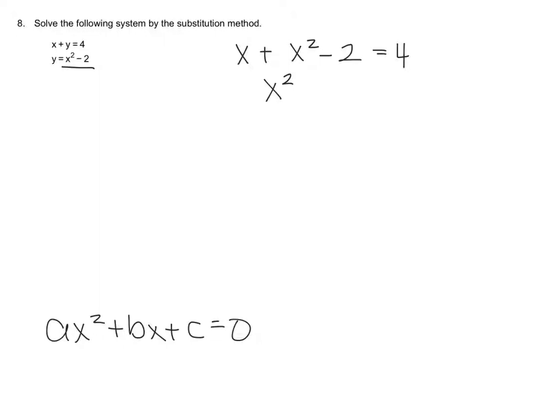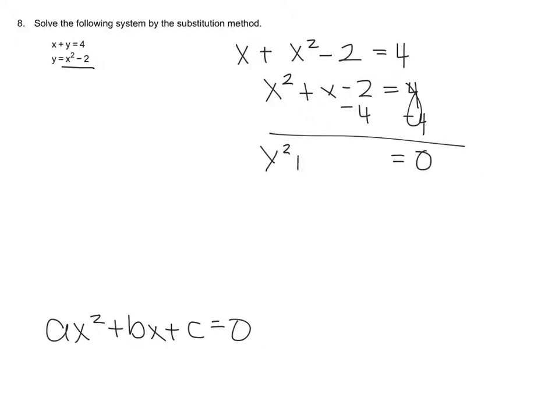So I have x squared plus x minus 2 equals 4. Now I'll subtract 4 on both sides to let the right side equal 0. And I have x squared plus x minus 6 equals 0.